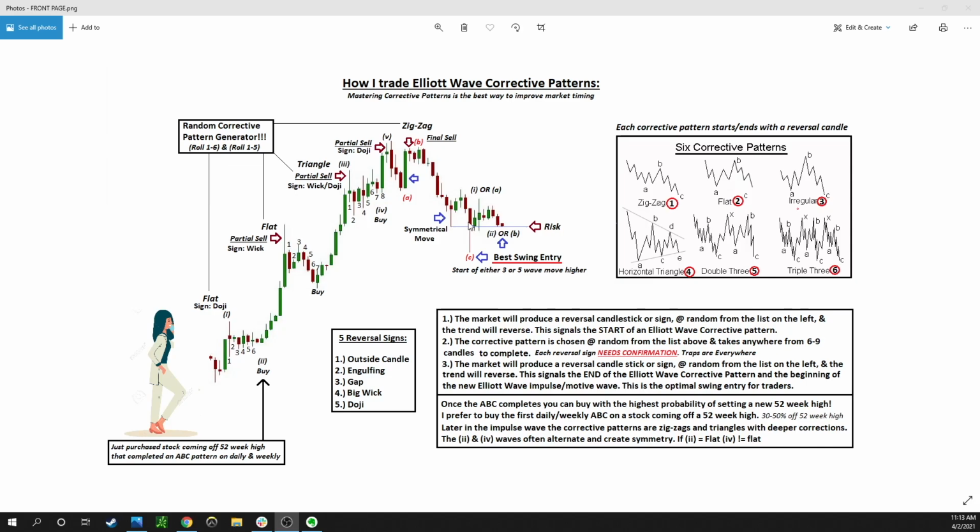So the market loves to move in 3s, 5s, 7s, 9s, all the primes. But the point is, we're looking for a reversal sign to show up somewhere between 6 and 9 candles later.